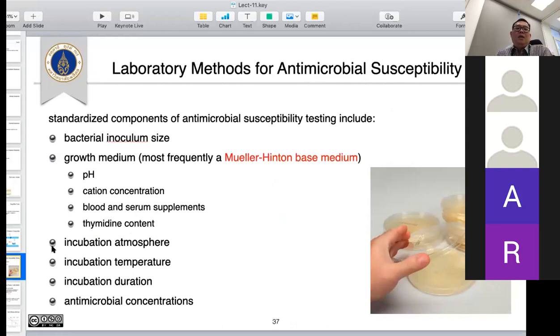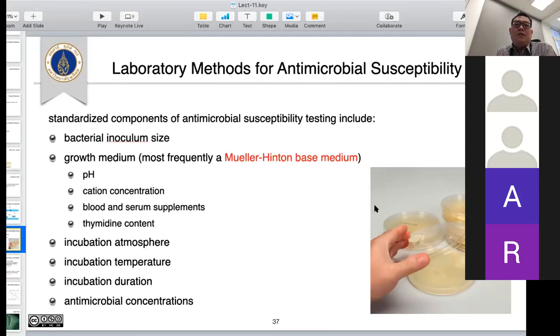Okay. So before we stop this lecture, I just add some slides about laboratory methods for antimicrobial susceptibility testing. We need to test antibiotic susceptibility. It is very useful for some bacteria, such as Staphylococcus aureus.